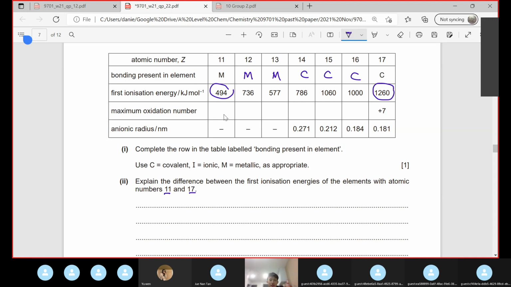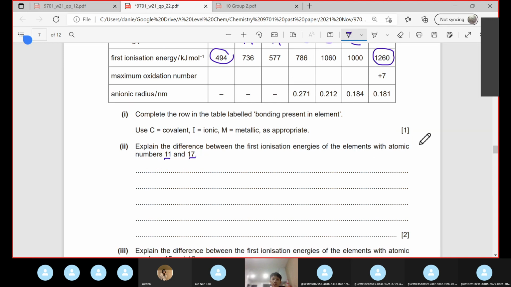You don't write something like, the first ionization energy increases across the elements 11 to 17. If you write something like this, basically you are not answering the question. They just want you to compare between 11 and 17. Comparing is very easy. 11 has 494, which is low, while element 17 has a very high first ionization energy.